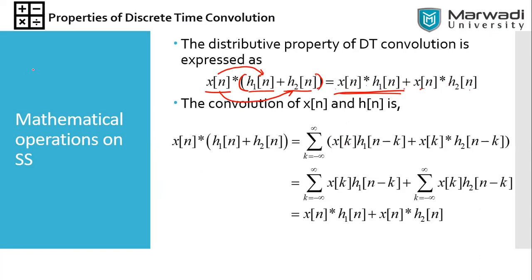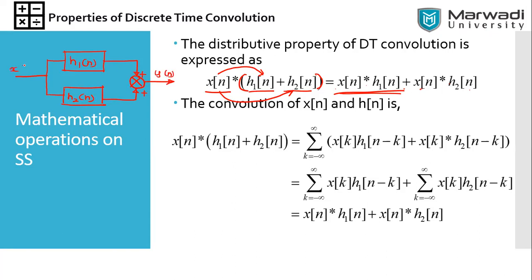So it is like this. You have x of n. There are two systems, h1 of n and h2 of n. And there is a sum, plus here, plus here, and this is y of n.